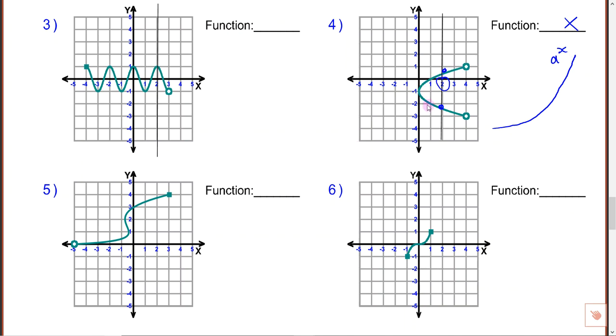This is an example of a square root function. If I take the square root, that's what I would get. If you were to draw the proper complete graph of a square root relation, you would have to draw a graph that looked like that.